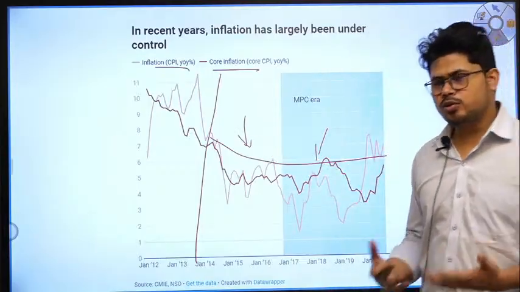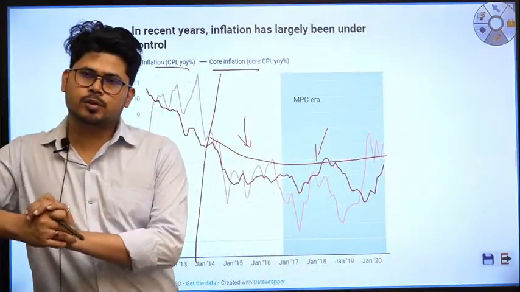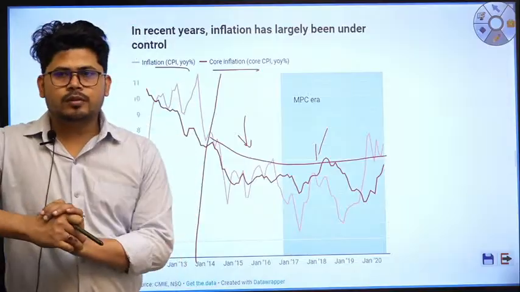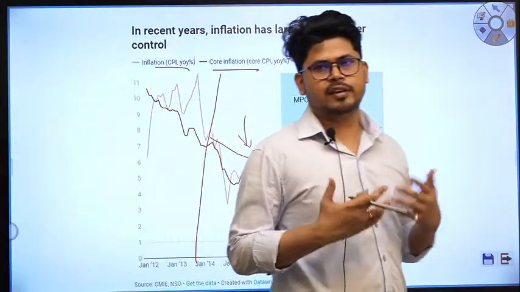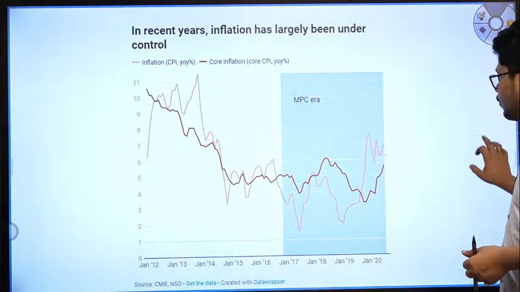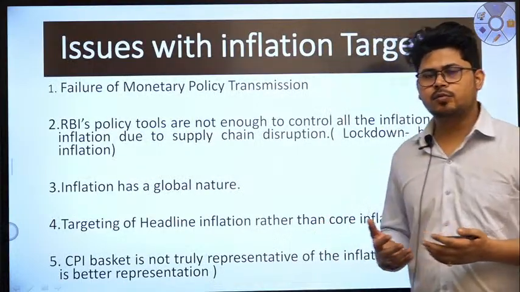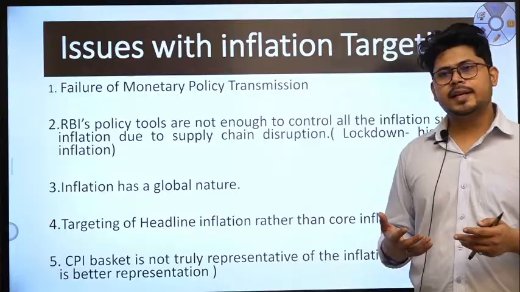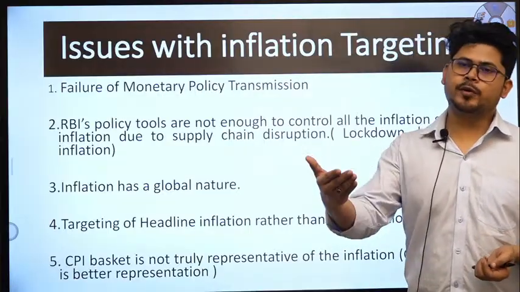So this also raises a question whether MPC has been effective or not. Okay. So this was the analysis we did for the Monetary Policy Committee and its recommendations. Now we are going to check the effectiveness, but the government has extended the Monetary Policy Committee whole framework to 2026.